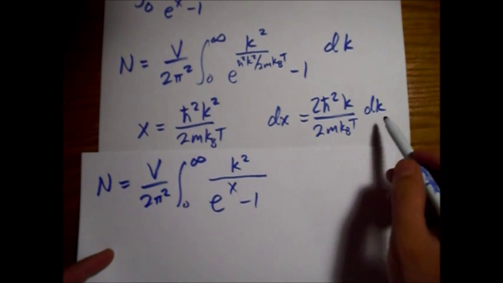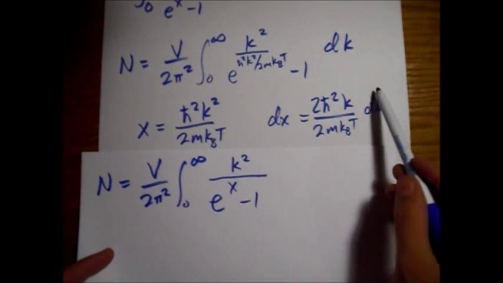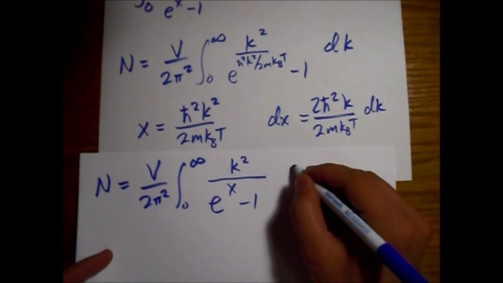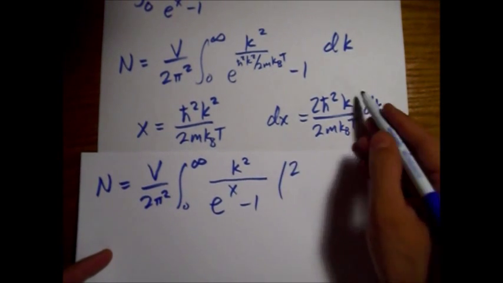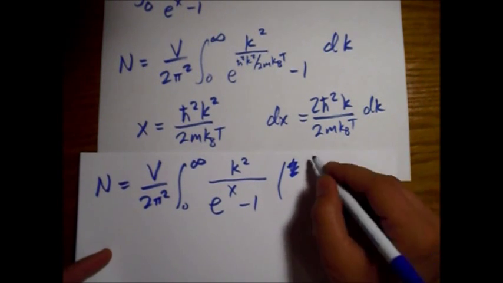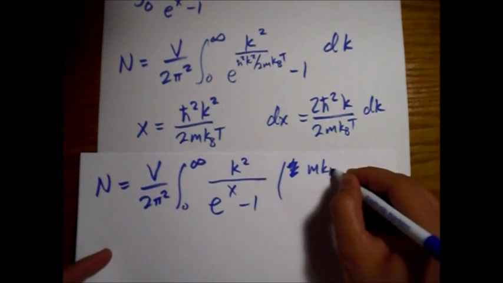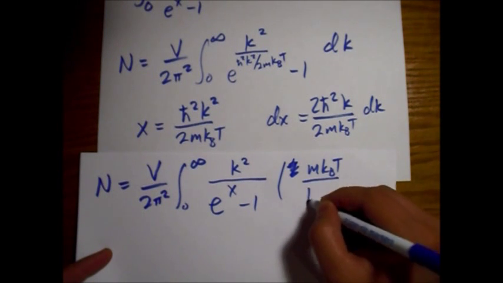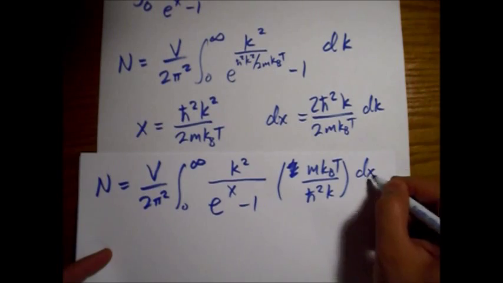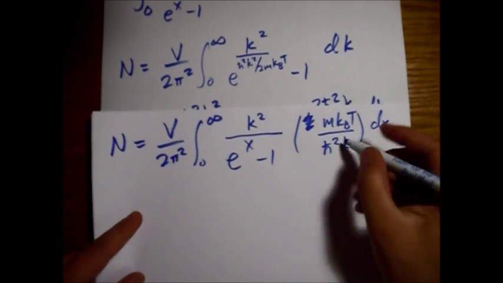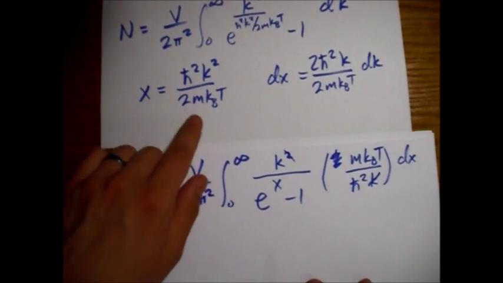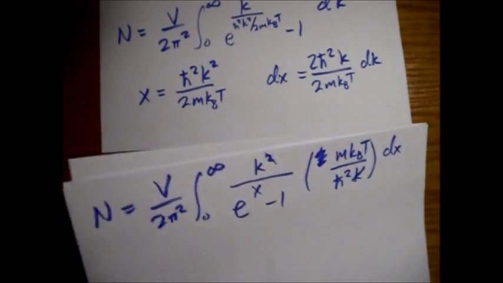Now we're going to solve for dk here and plug this in. Just looking at this equation, we can kill the 2's. So we have an m kBT divided by h bar squared k, and then we have our dx. This k is going to kill one of those k's, and then we'll have to plug in what we get for this.